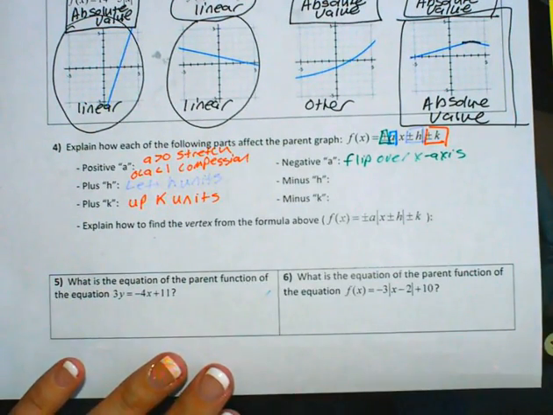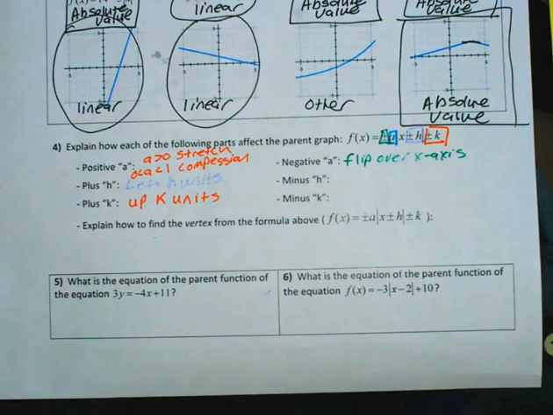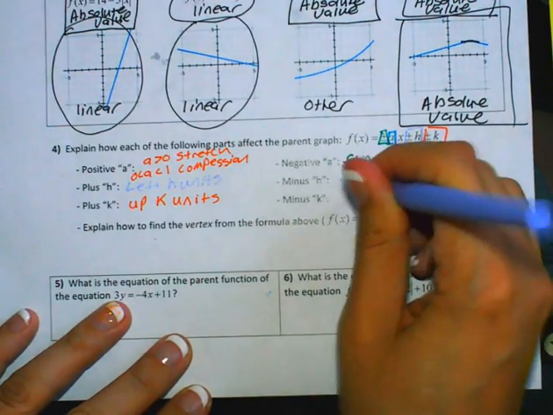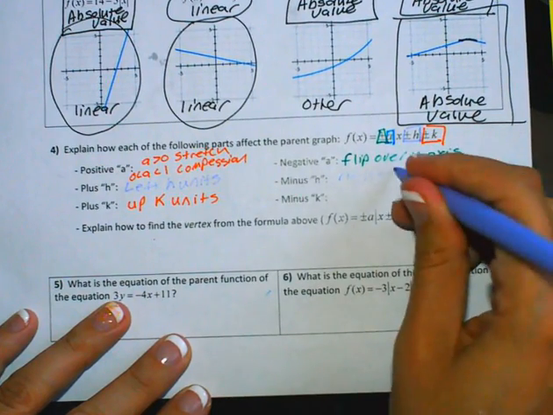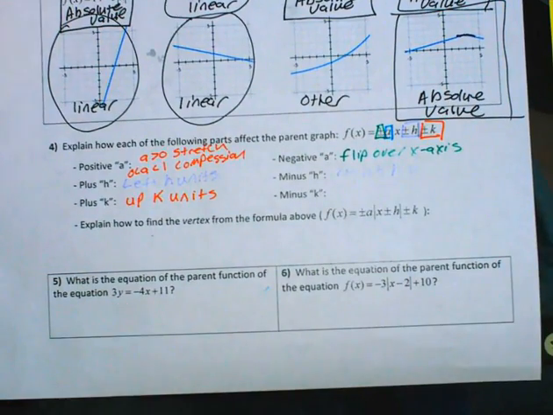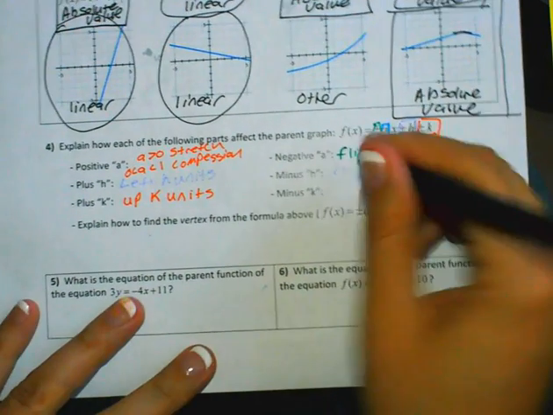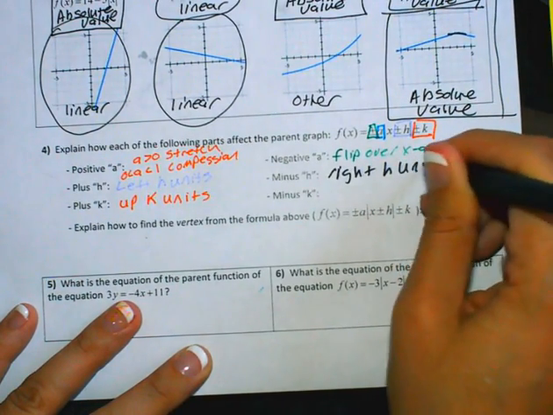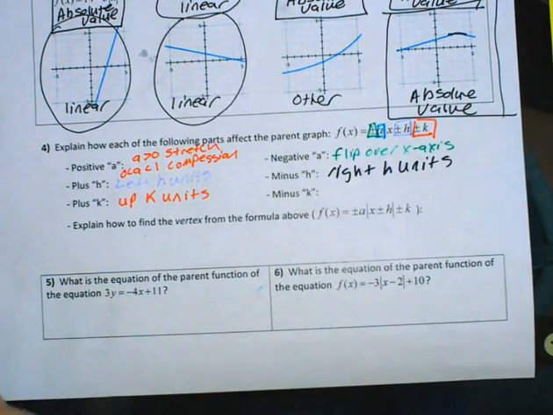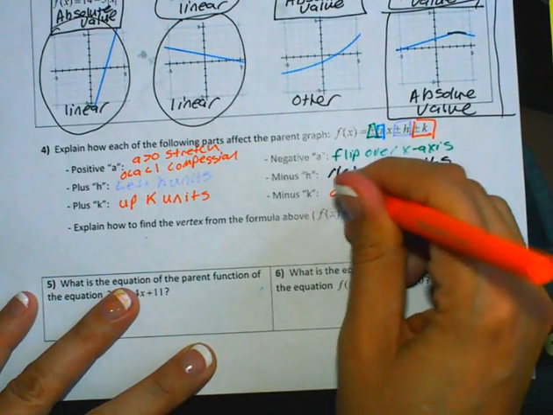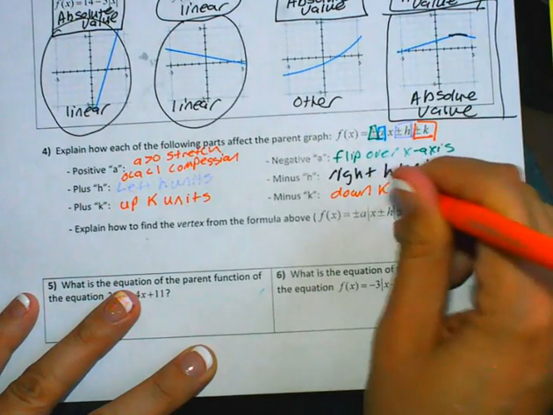Minus H is going to be right H units. And then minus K is going to be down K units.